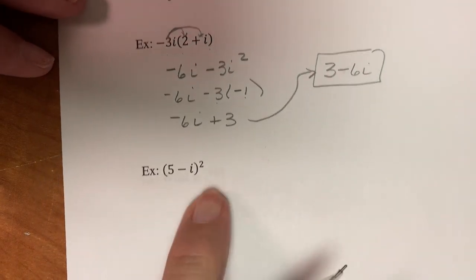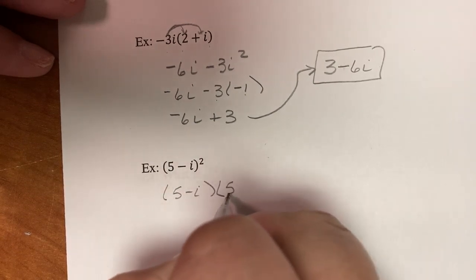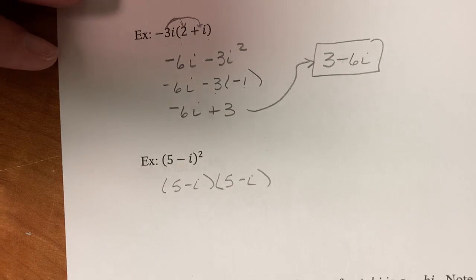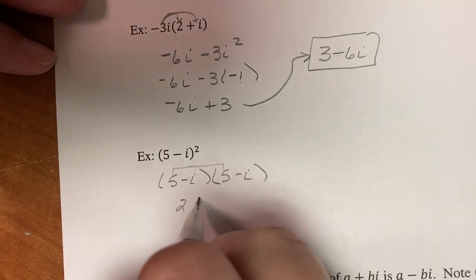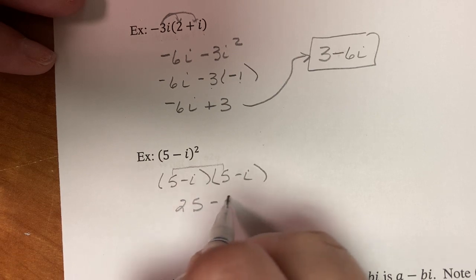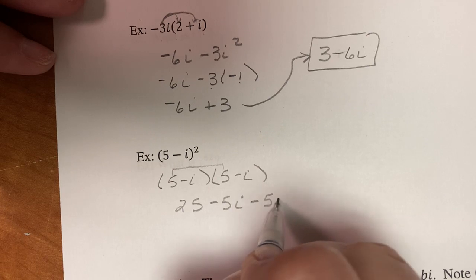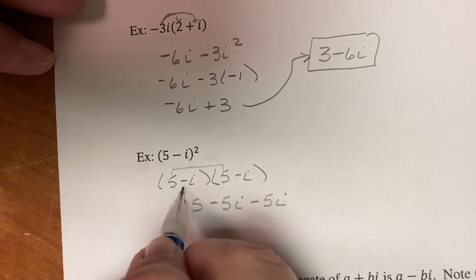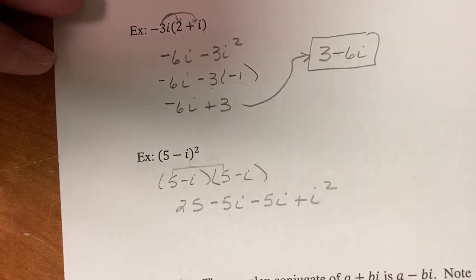How do you square a complex number? Well, no surprise, you're going to write it out twice and FOIL. So if I do that, I'm going to get 25. Outside, I'm going to get negative 5i. Inside, I'm going to get negative 5i. And at the end, a negative times a negative is positive i squared.